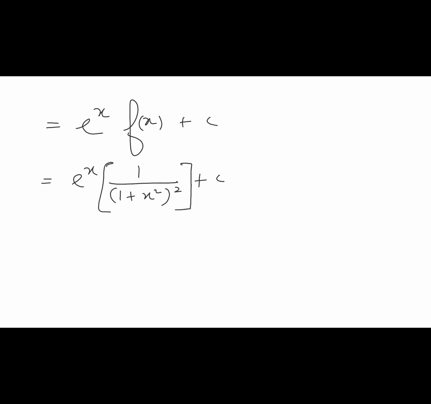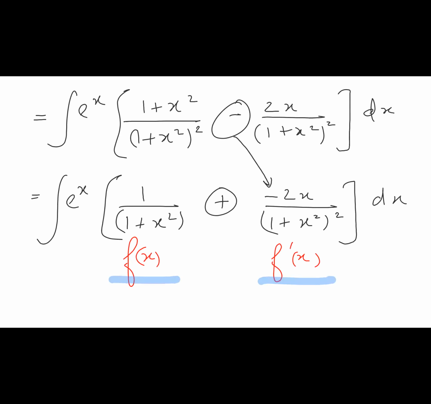So the answer for this will be e raised to x f of x plus c, which is e raised to x into 1 upon 1 plus x square the whole square plus c. Fine. Okay. Because we are having f of x and f dash x besides each other. Fine.